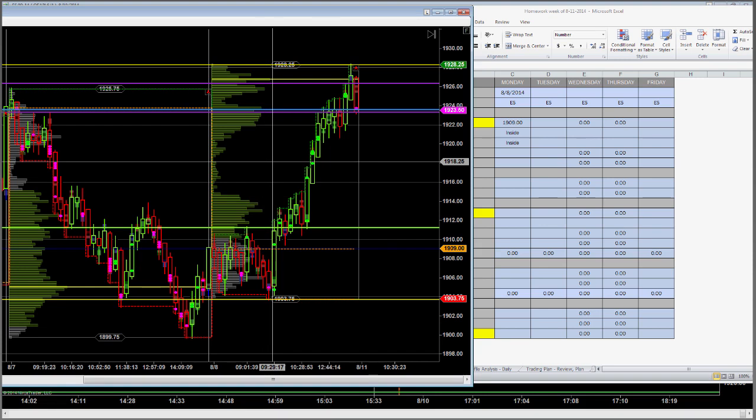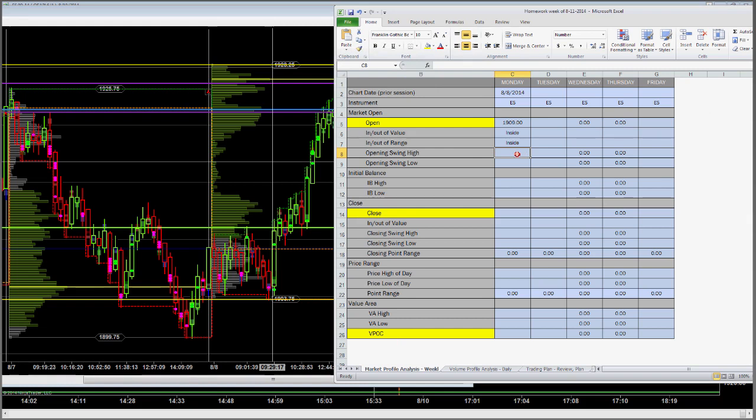So one of the things I want to do is mark this 1907.75, 1910. I'll just go ahead and put those numbers in. The other thing this will do for you in any instrument, whether you're trading oil, the dollar, the euro dollar, Forex, doesn't matter, is over time give you a sense of what is a normal opening swing.